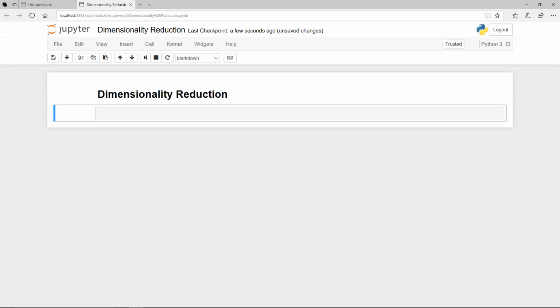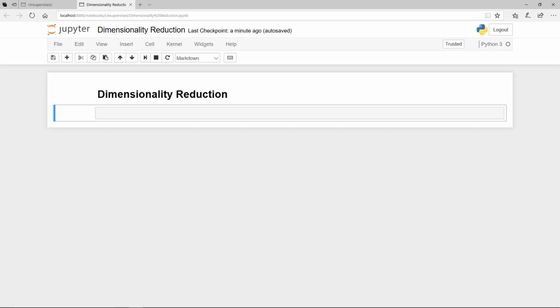We are moving to a completely different realm, whereby we are trying to discover patterns and some sort of consistency or relationship within the actual data itself. We are no longer working with a target variable. So that's really where dimensionality reduction comes in.